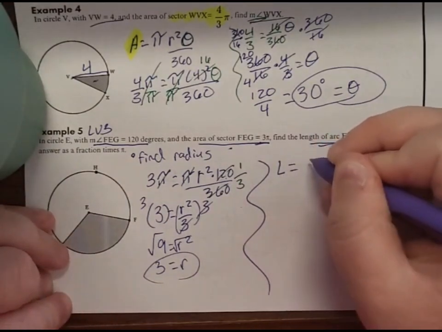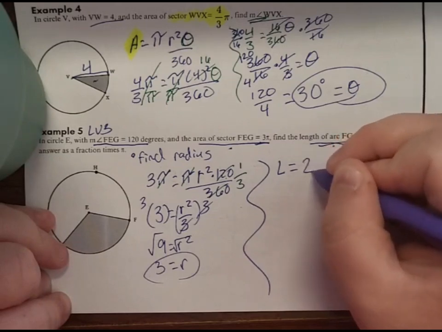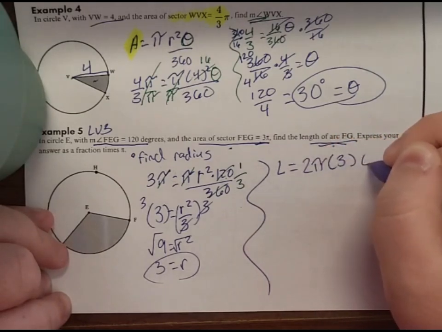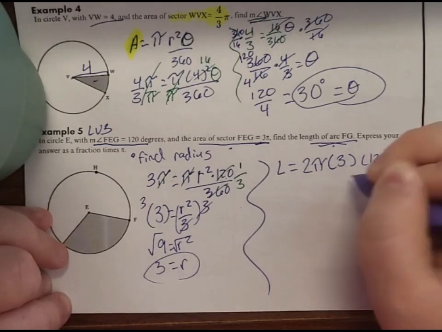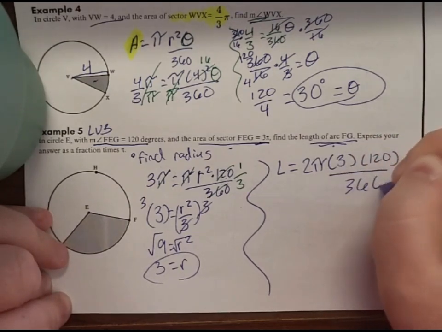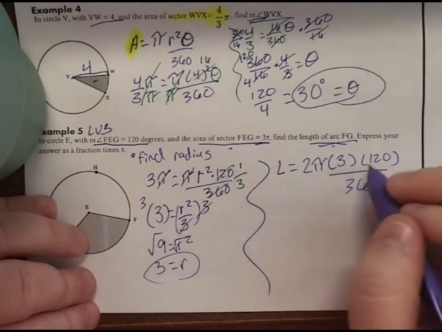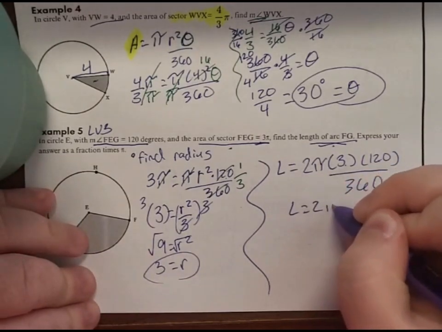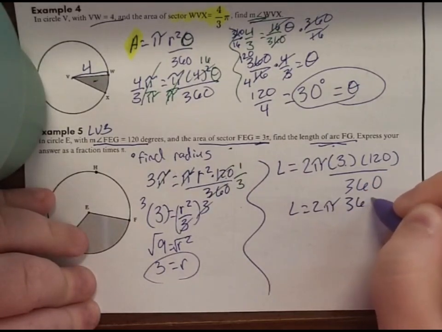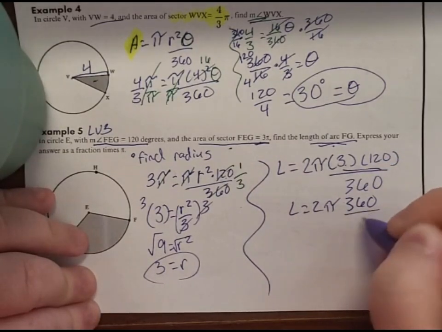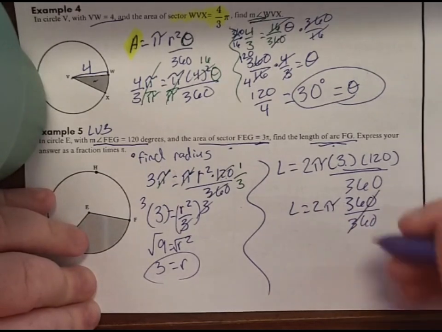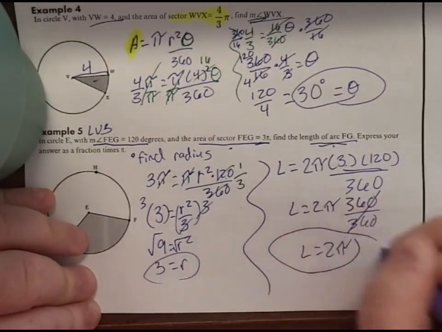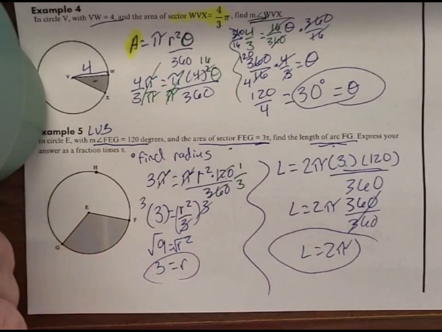So the length is equal to 2 times pi times our radius times our angle, all over 360. 3 times 120 is 360 over 360. Those reduce, so we get length equals 2 pi. And we don't have to find it as a decimal. We could just leave it like that.